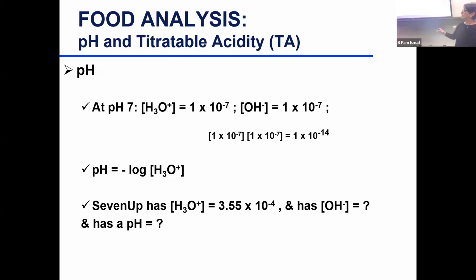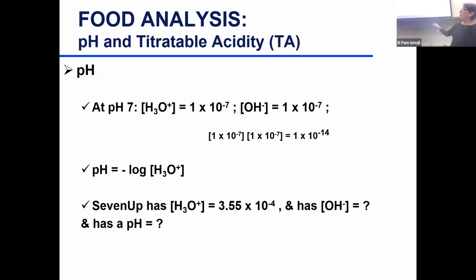And because of that, knowing this, can you determine, if 7-Up has a concentration of acid or hydronium ion of 3.55 times 10 to the negative 4, what would be the concentration of the hydroxyl? And what would be the pH? pH is the negative log of the concentration of the acid. There is also pOH, which we never worry about, which is the negative log of the hydroxyl group.